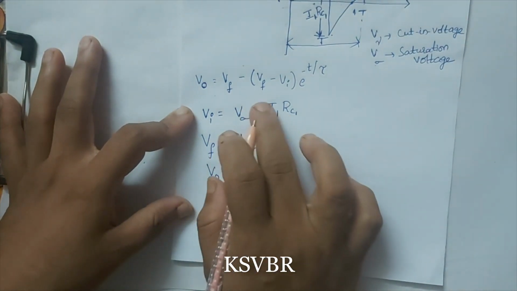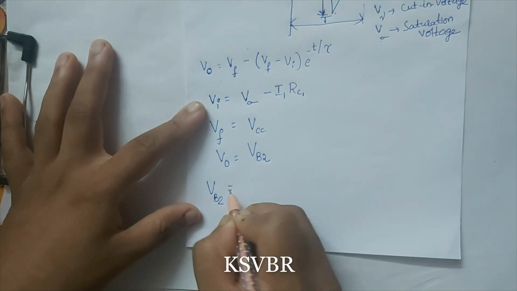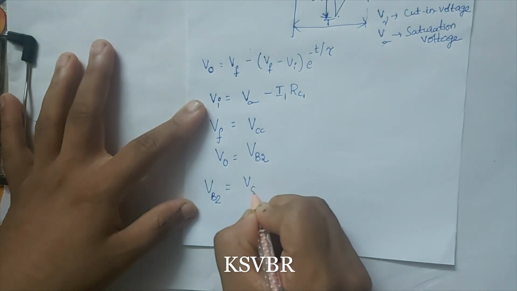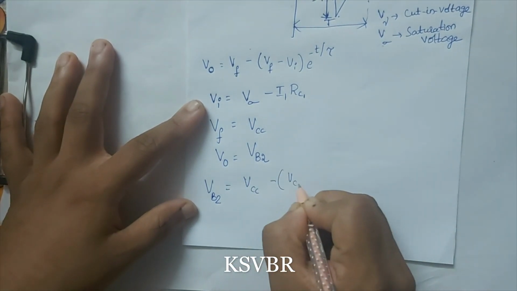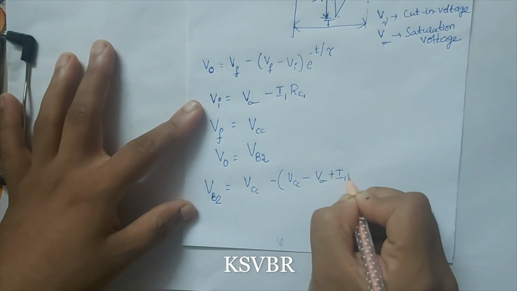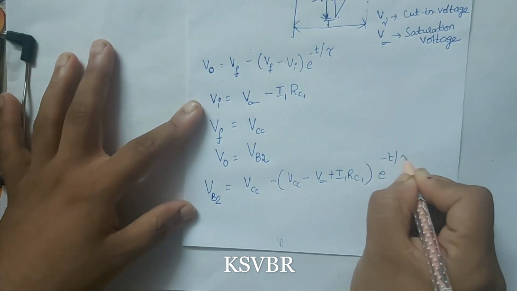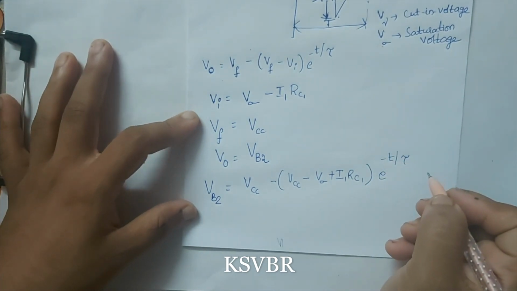Okay, so write the equation using all this. VB2 is equal to VF, VCC minus V sigma plus I1 RC1 into e power minus t by tau.